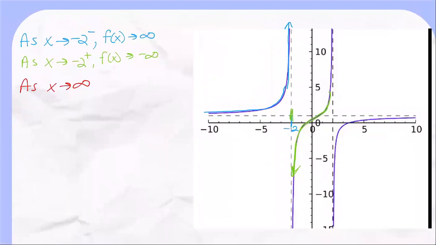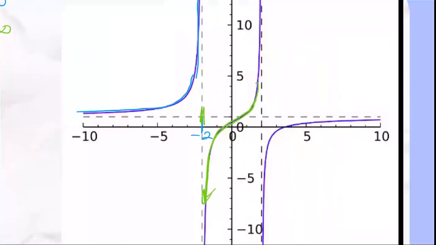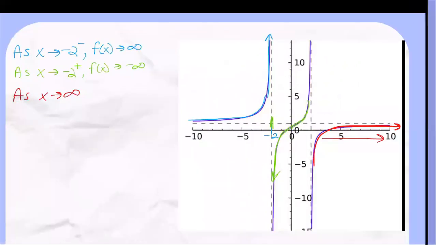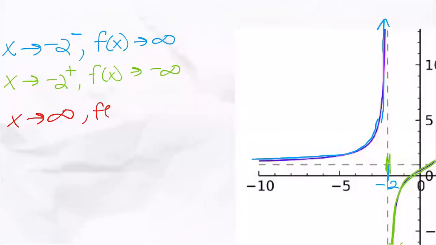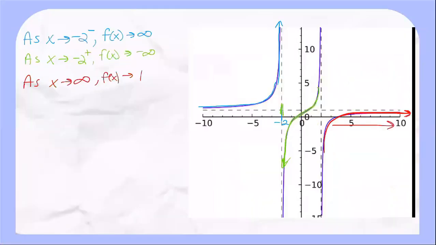As x approaches infinity, infinity is going to be going this way on my x's. So as your x's are approaching infinity, what are your y's doing? It looks like they're leveling out, hitting this horizontal asymptote, and that looks like it's at 1. So as x approaches infinity, my f of x, or my y's, are leveling out at the value 1.